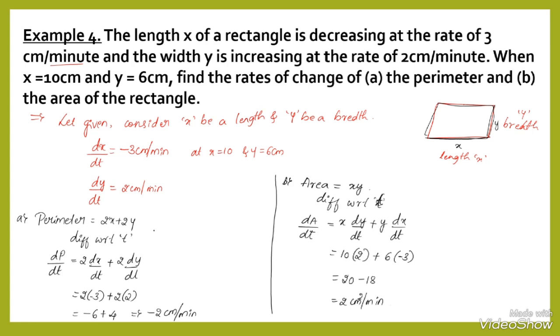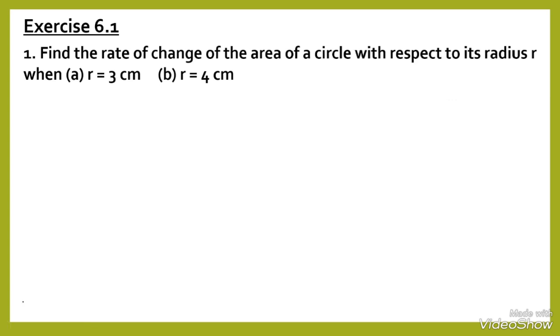Now we can move on to the next problem, that is the exercise. The first question: find the rate of change of area of a circle with respect to its radius. Here you have to find the area of the circle with respect to radius only.